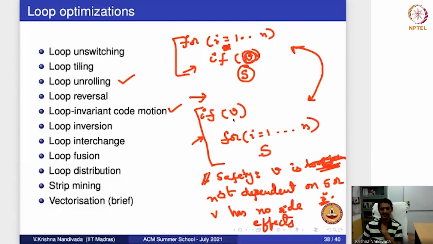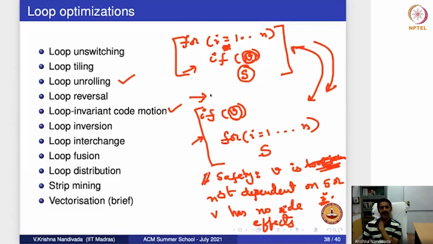Because what we said is V was a variable, but if you see it as an expression, then we want to see that V has no side effects. But for us, V is a simple variable. Okay, just a condition variable. If it is an expression, I will first do loop invariant code motion, move that expression out, and then see if I get this form. If I get this form, I'll translate it to this form.